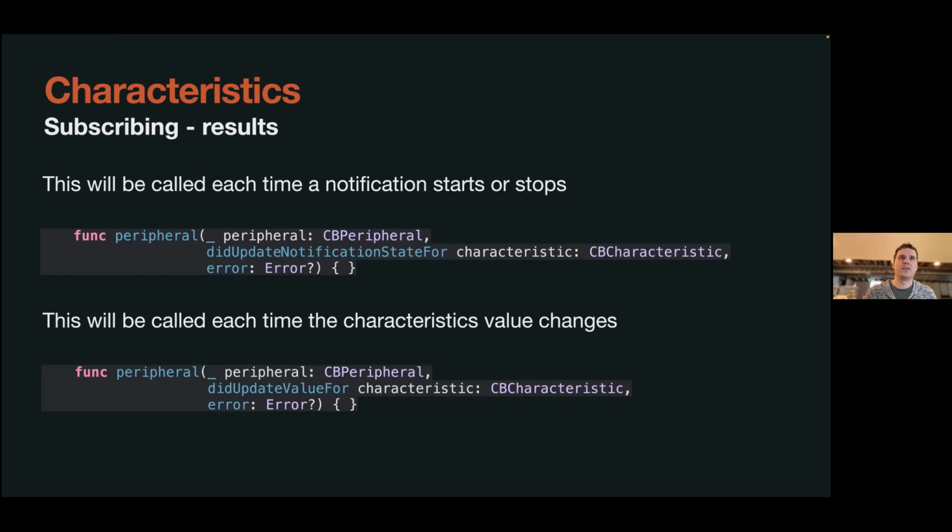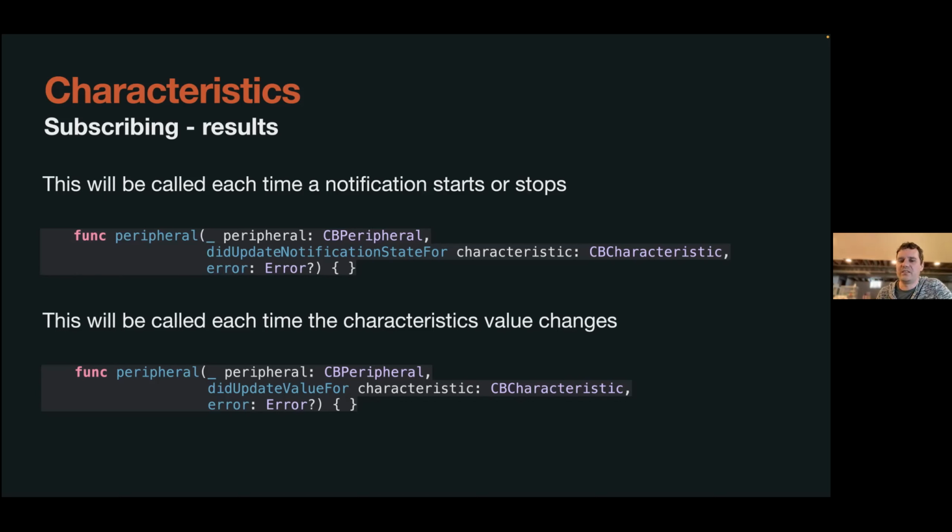There are two callbacks really. Anytime you set up or disable a notification, you get a callback in didUpdateNotificationStateForCharacteristic. That's not giving you any real data, other than that you can interrogate it to know if you're notifying or not. The callback you're probably going to be mostly interested in is didUpdateValueForCharacteristic.